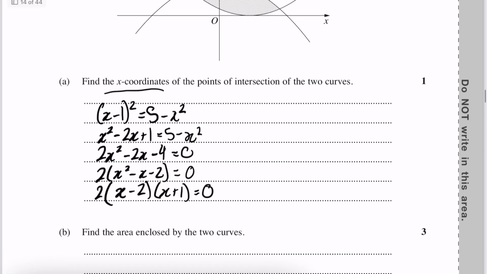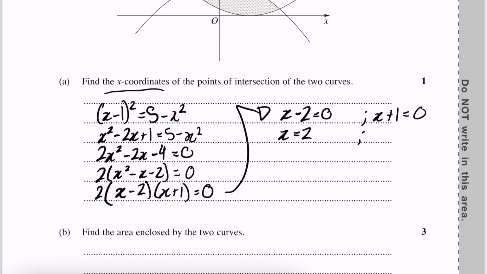Okay, and this should be very simple to solve. All you need to understand is that you get x minus 2 equals 0, you get x plus 1 equals 0, and you get two solutions where x equals 2 and x equals negative 1.